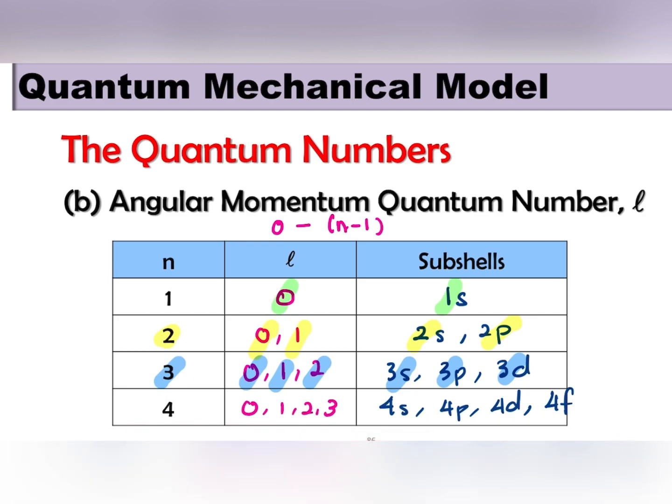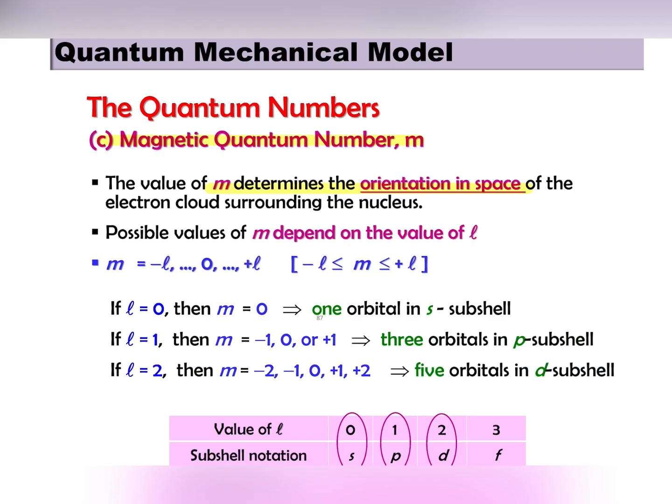N equals to 4. Now, let's continue with the third one, which is magnetic quantum number. So, ingat tadi kita dah belajar N, L, sekarang M, lepas ni kita akan belajar S. So, before this kita dah belajar N, principal quantum number ataupun dia punya energy level.